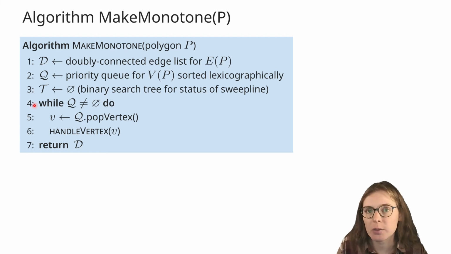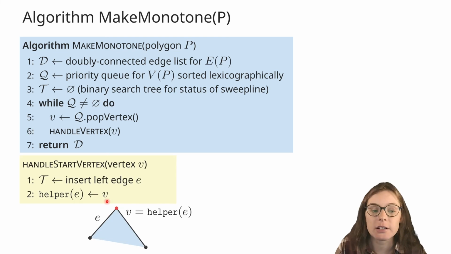So now, while the priority queue is not empty, we're going to extract the next vertex V, and we're going to handle it depending on its type. First, consider the case where V is a start vertex.